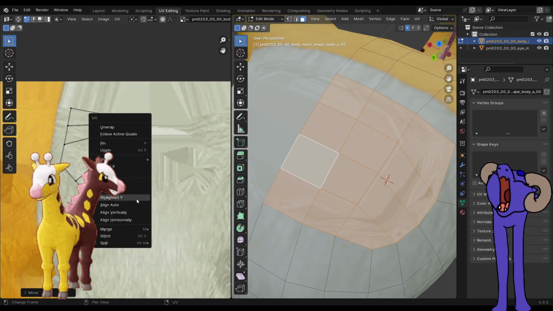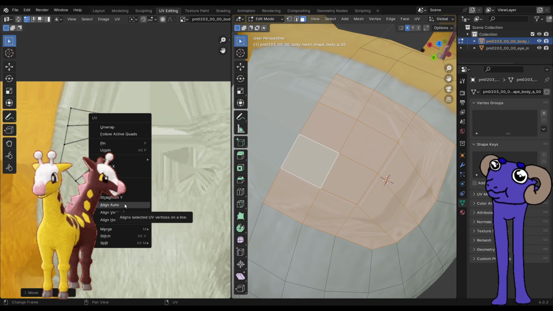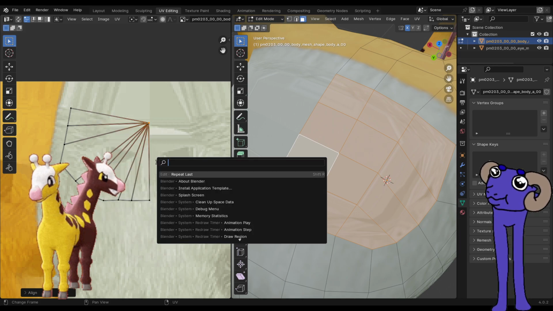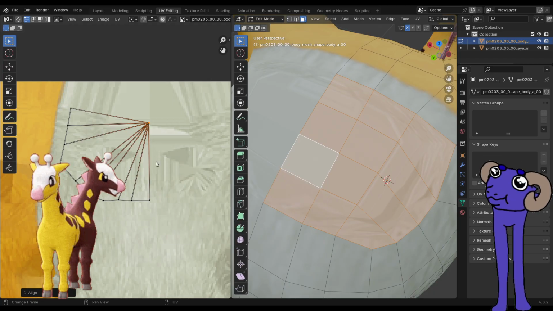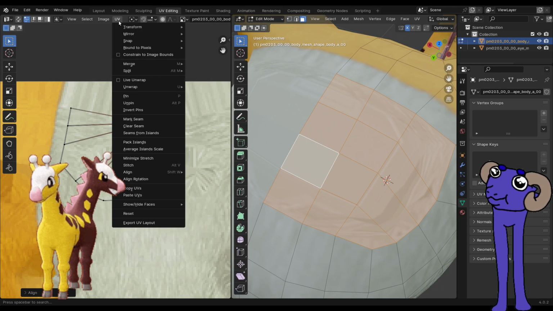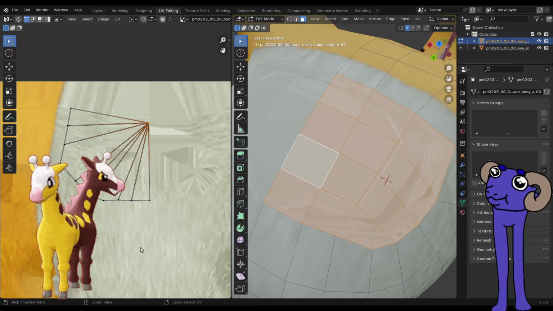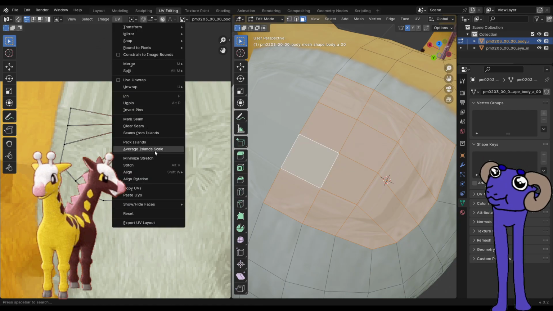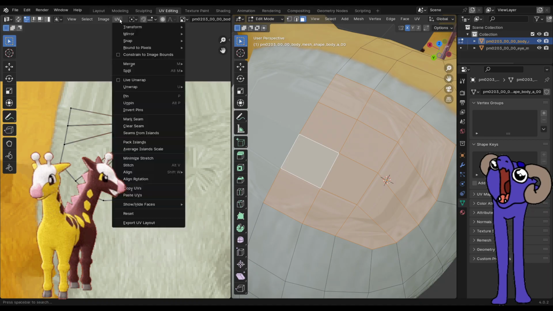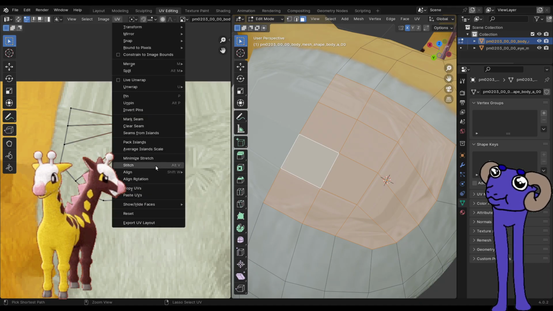Is there a way to relax this? Align auto now. UV island? No? Into my stretch? No. Stitch?